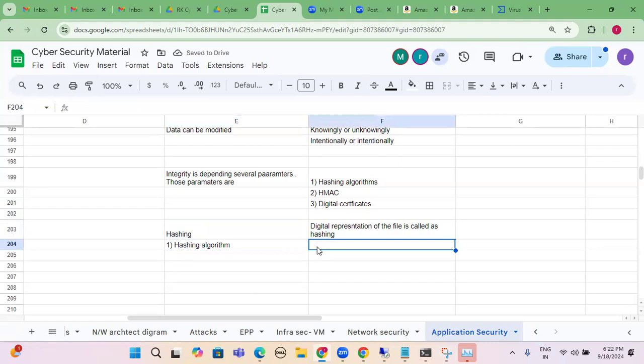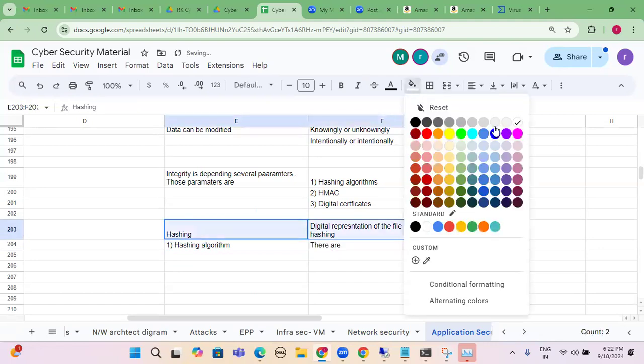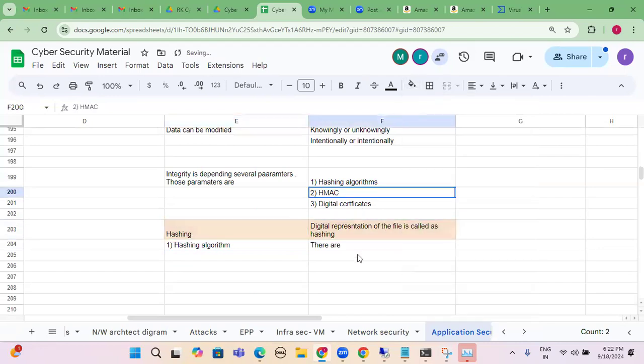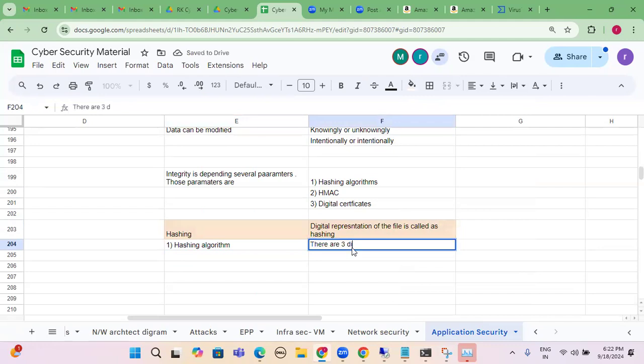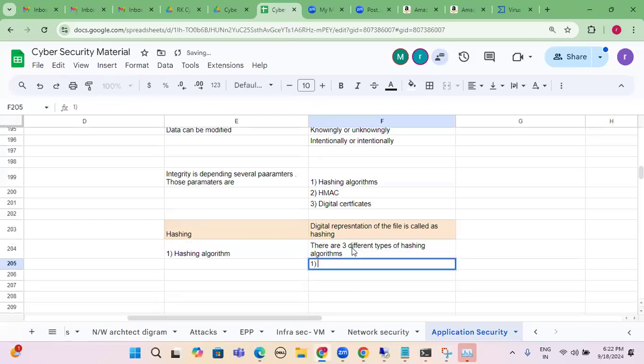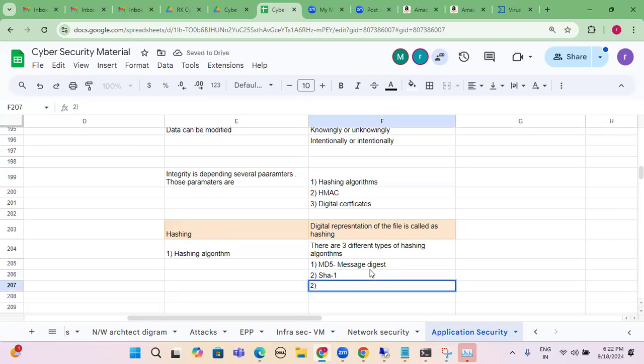There are three different hashing algorithms, as we already know. What is the first one? MD5, message digest. Second one, SHA-1, secure hashing algorithm. Next one is SHA-256.